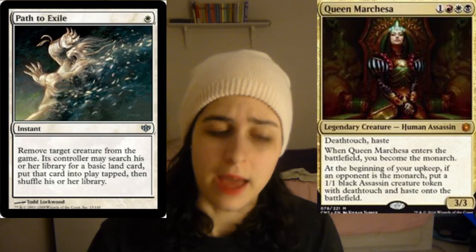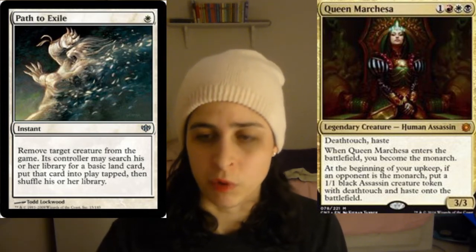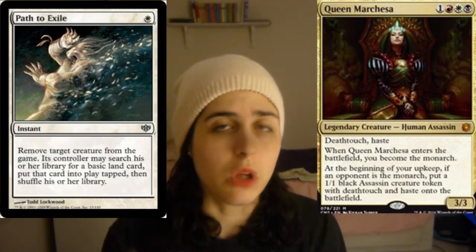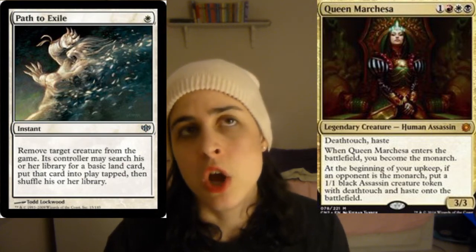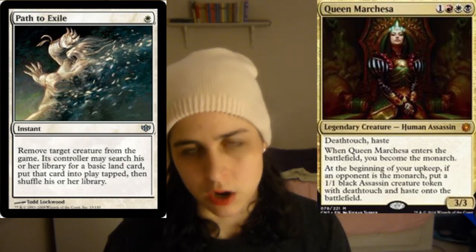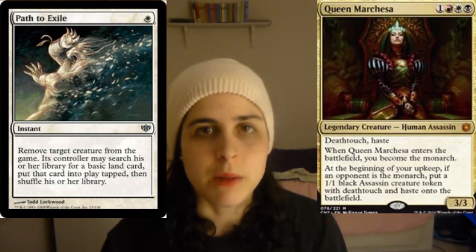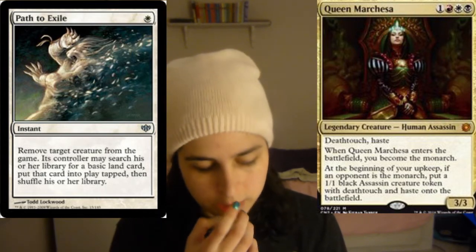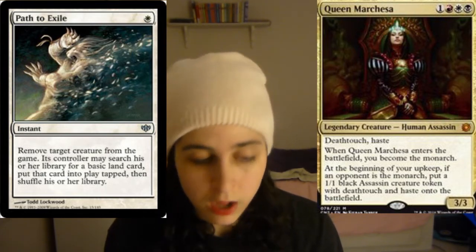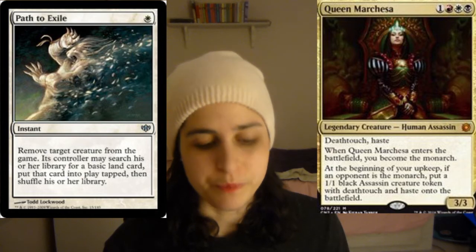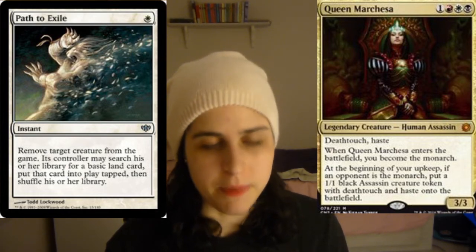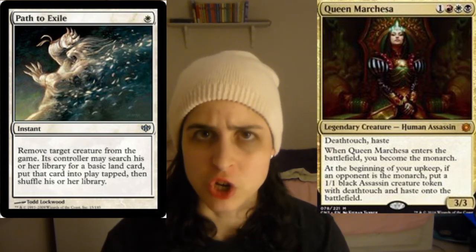Now again, it's not to say that every time it should be removal for removal or something like that, but really look at what those cards do, because now you're knocking down a removal card in your slots and bumping it up to a creature. So I think it's really important to look at what exactly the cards do when changing out cards.